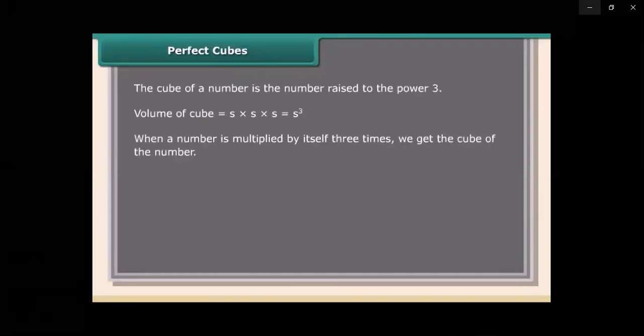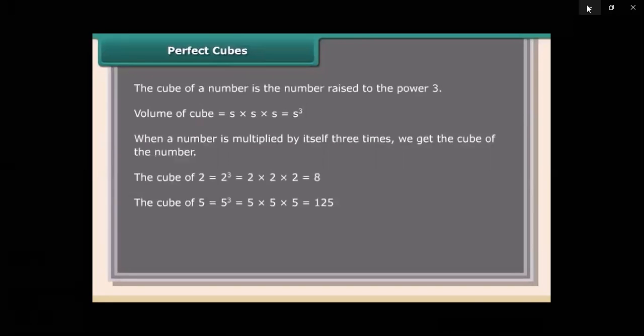So what we can say from here is that when a number is multiplied by itself 3 times, we get the cube of the number. For example, the cube of 2 is 2 cube, 2 into 2 into 2, that is equal to 8. Similarly, the cube of 5 is 5 cube, 5 into 5 into 5, that is 125.